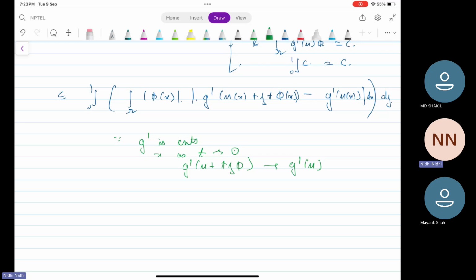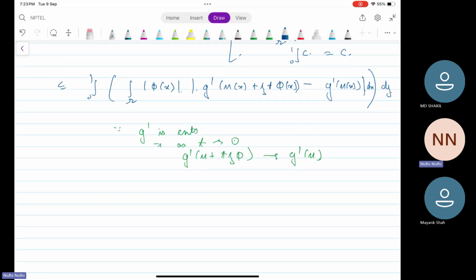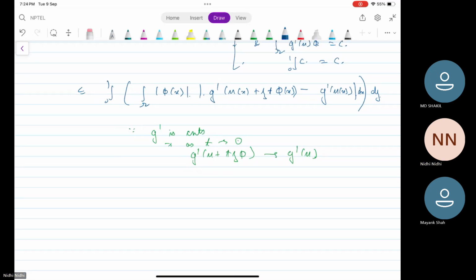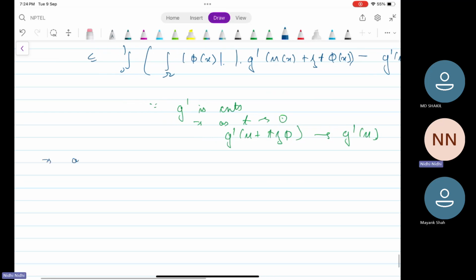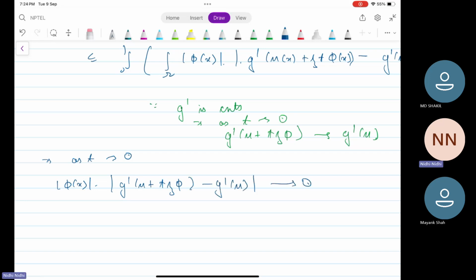So eventually this will go to 0. This implies that as t goes to 0, the modulus of φ(x) times (g'(u + tzφ) minus g'(u)) goes to 0.